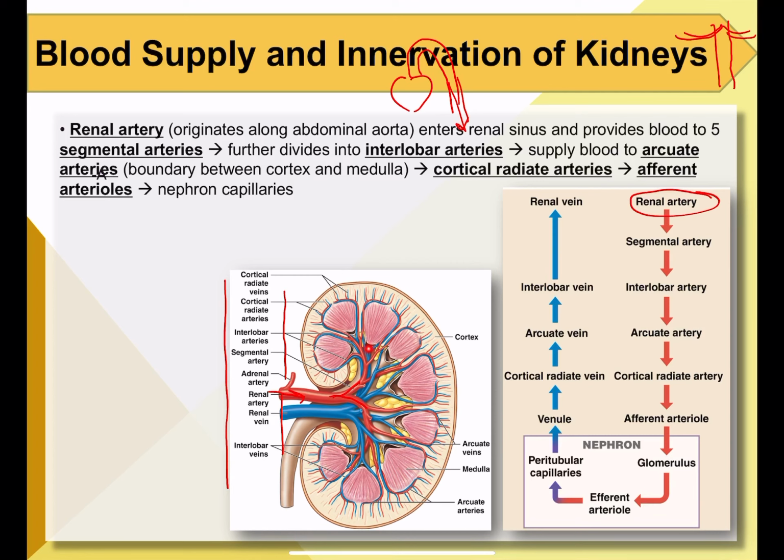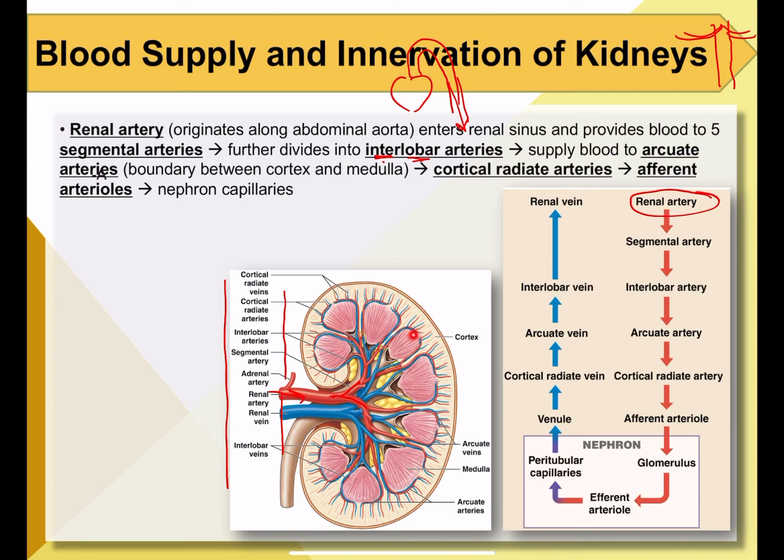And then they will further divide into your interlobar arteries, between those lobes. Okay, so remember, one lobe of the kidney is right here, and so interlobar arteries are those on the 2 sides of the lobe, and then you go to your arcuate artery.